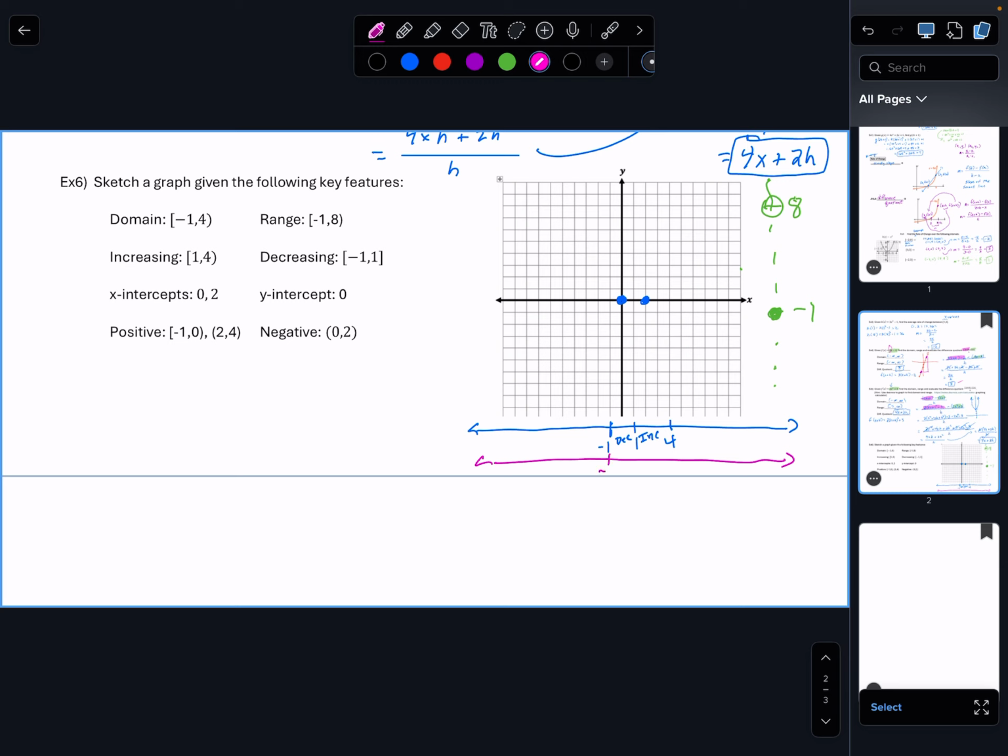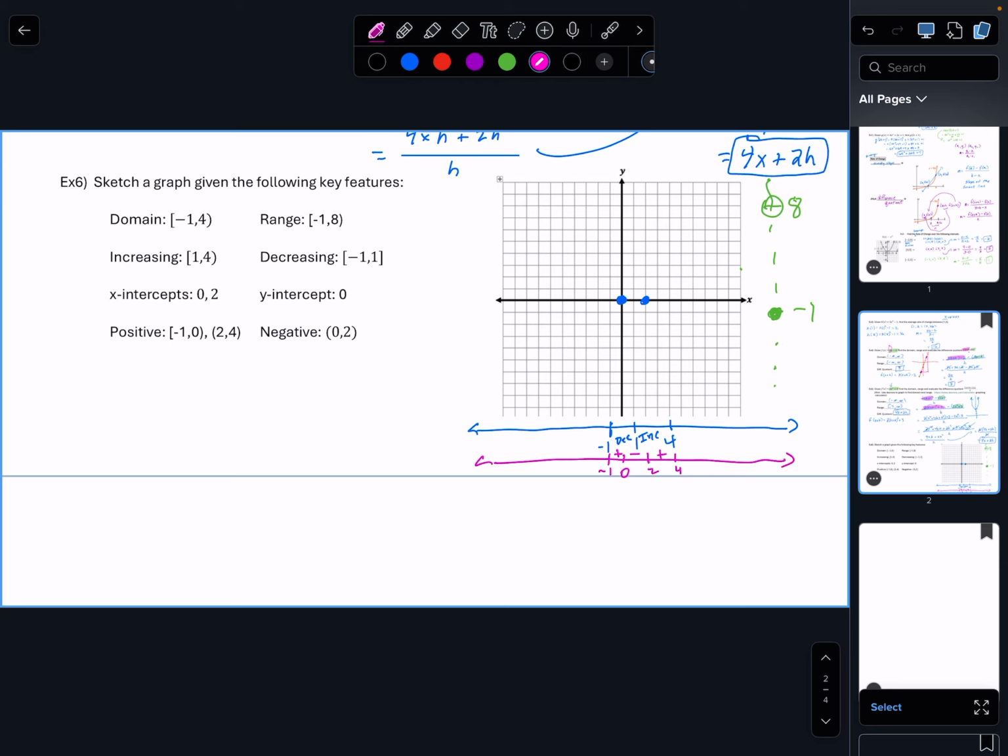From -1 to 0, it's positive. I'm just going to put a plus sign because it's shorter. And then also from 2 to 4, it is positive. But in between 0 and 2, it is negative.